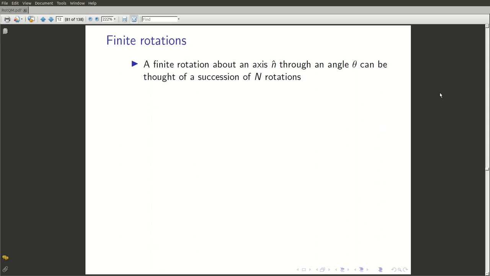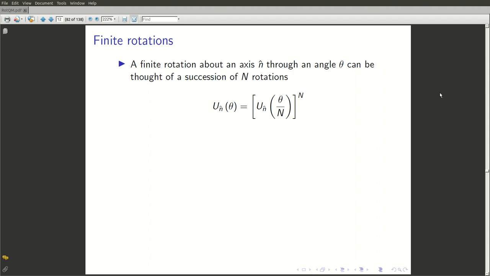And because when you apply successive rotations one after the other, the successive transformations on kets also get applied one after the other, you end up with this result, that U_n(theta) is actually the same as U_n(theta by n), the transformation for a small angle, raised to the power n, that is applied n times successively. Now, if I take n to be large enough, then the angle theta by n becomes very, very small.